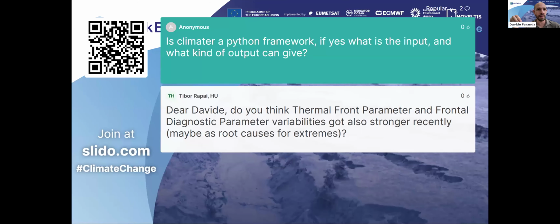And we want to avoid that, like people who are not trained to properly use these methodologies releasing studies that are not scientifically grounded in what we know from meteorology.